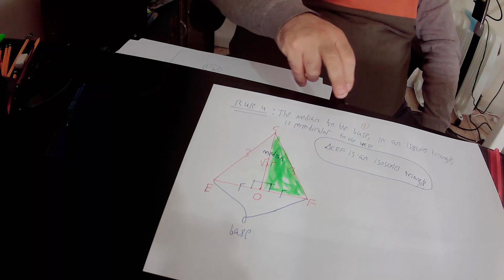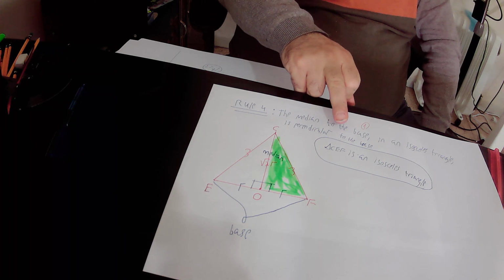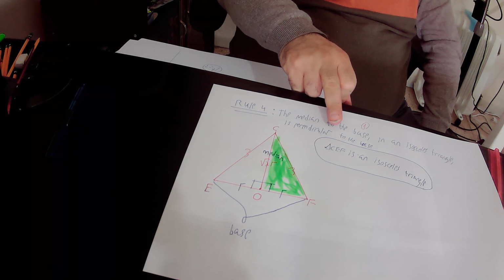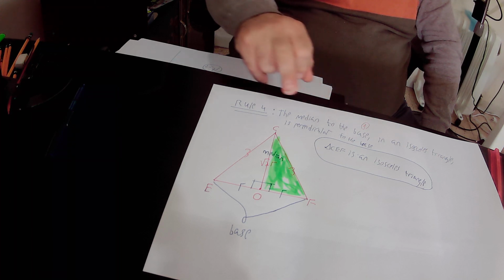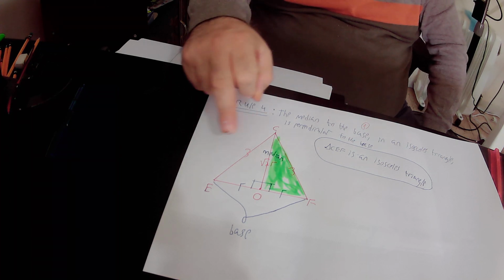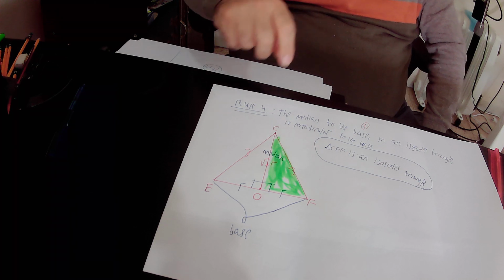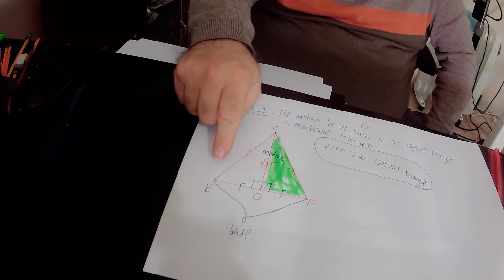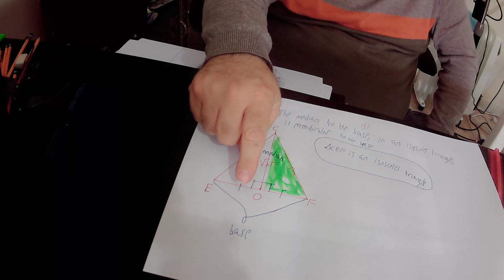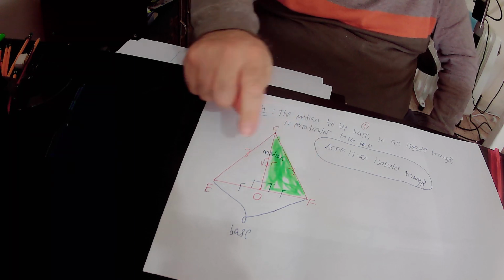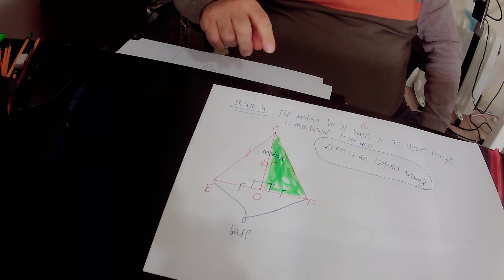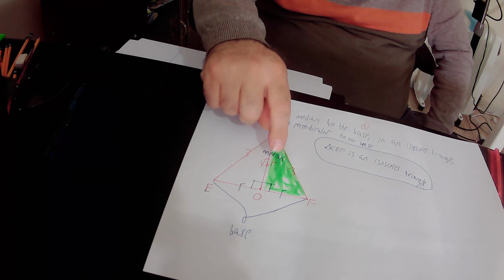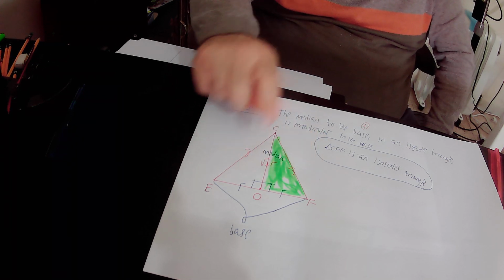I've already explained to you that triangle CEF is an isosceles triangle because CE equals CF. The base of the isosceles triangle ECF is EF. The median to the base is CO, because CO bisects the base into two equal parts.